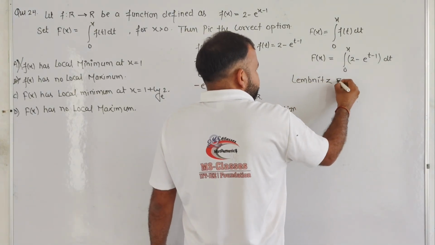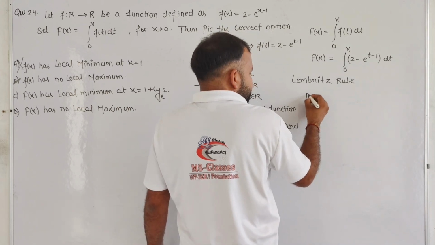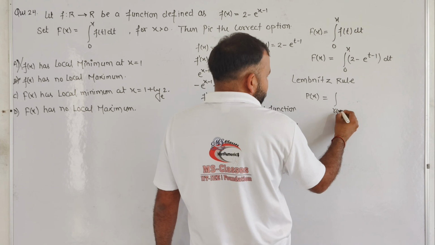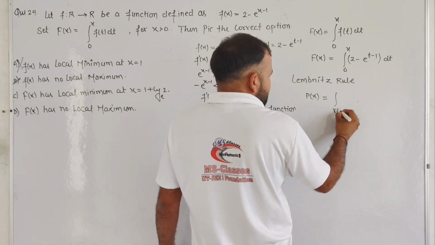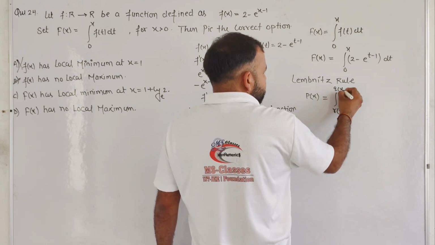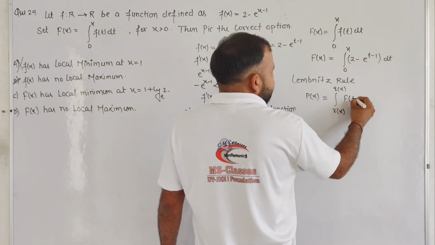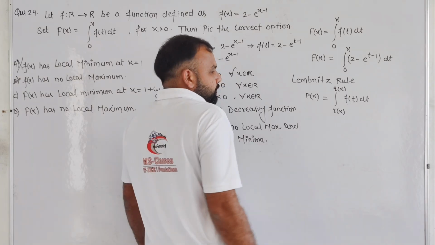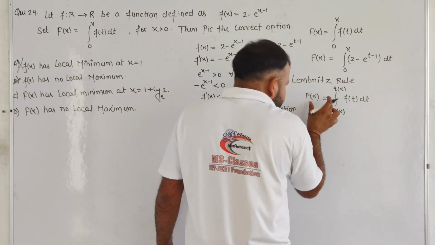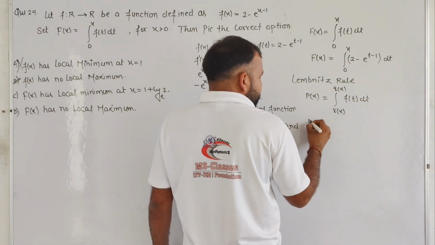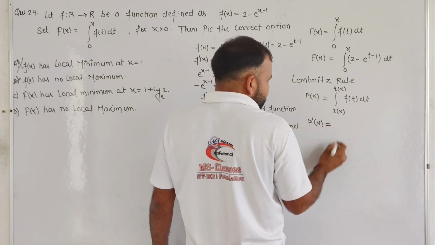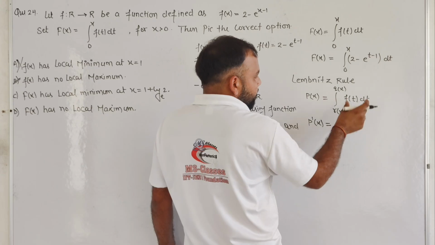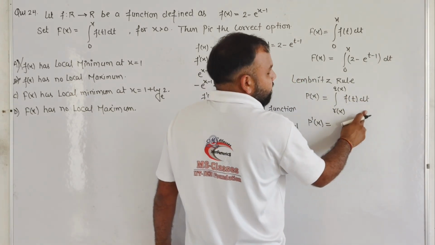Leibniz rule. Students, basically Leibniz rule says that if our function p of x is the integral varying from r of x to q of x of f of t dt, and if you take the derivative on both sides, it becomes p dash x equals, there are two variables t and x. We need to calculate the integration with respect to the t variable.